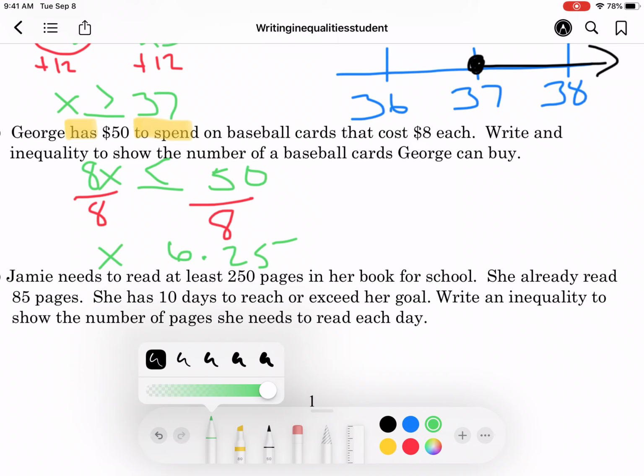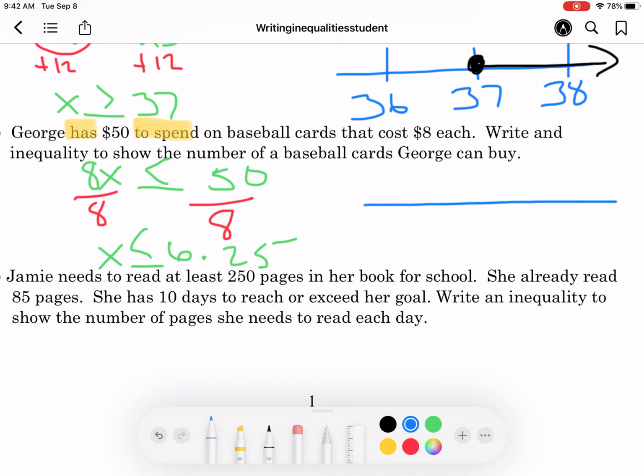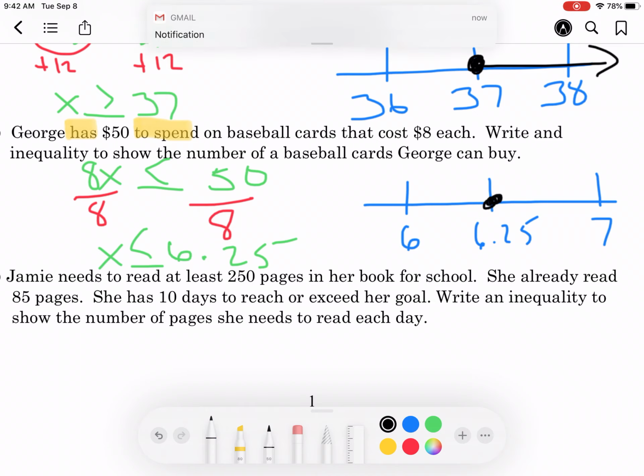So y'all got me thinking. X is less than or equal to 6.25. Okay? So now you can graph that. Okay, it's less than or equal to. Okay, less than, going this way. Now we understand that he cannot buy 0.25 of a baseball card.